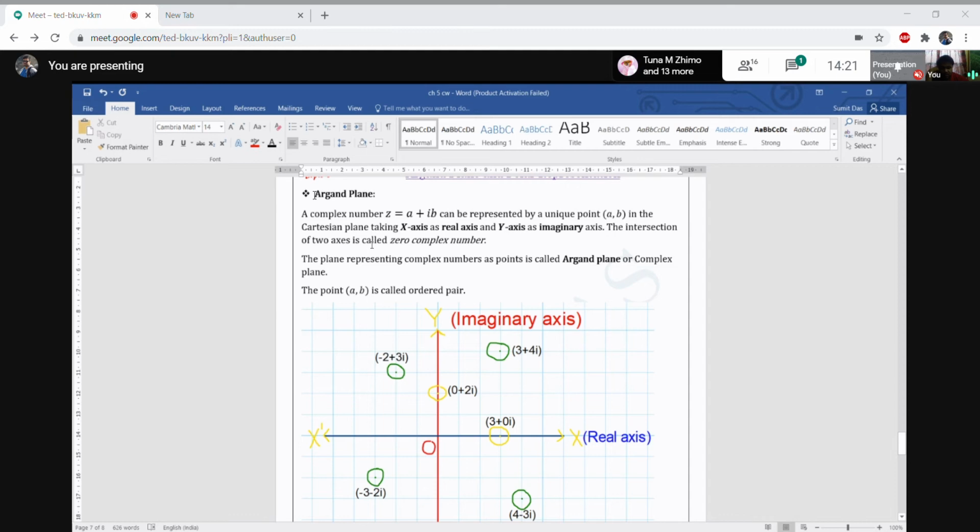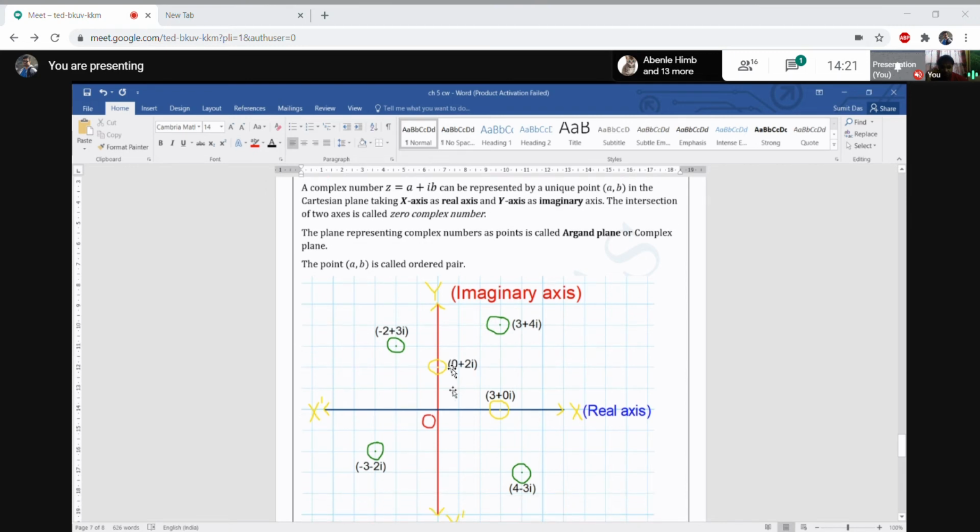The intersection of the two axes, this point we used to call the origin, right? In the Argand plane, this is the zero complex number. The plane representing the complex number as a point is called the Argand plane or complex plane.